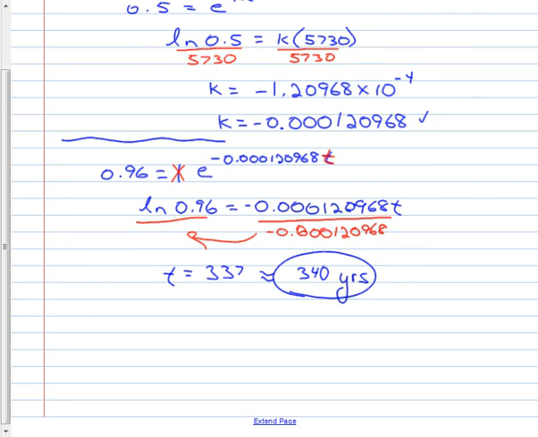Let's see, number 93. Last one, 93. We learned about logistic growth problems. It says the population of coyotes in a national park satisfies the logistic model.